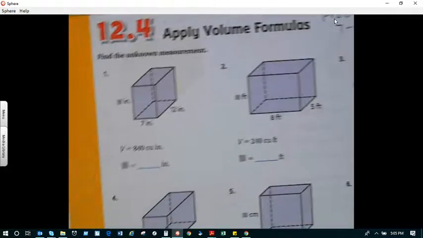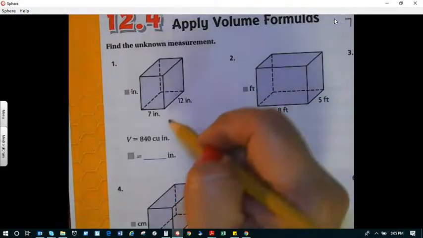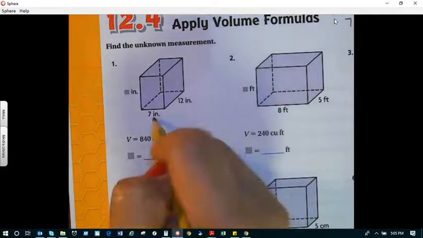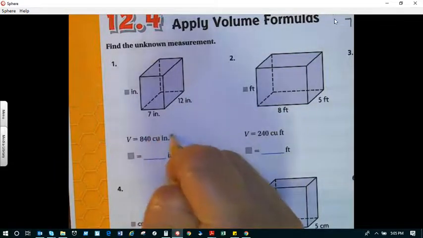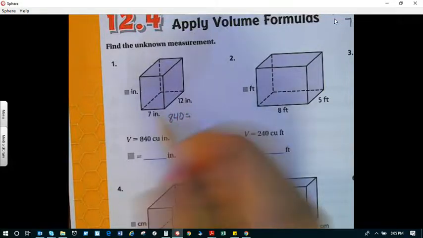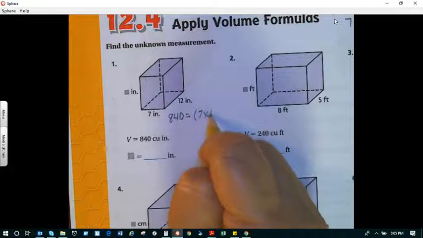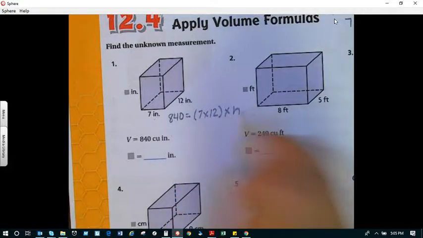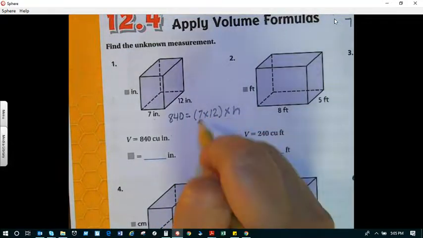We did number 1 together in class, and we were saying that if our volume is 840, we had 840 equals 7 times 12 times whatever h is. We said that 7 times 12 is 84.